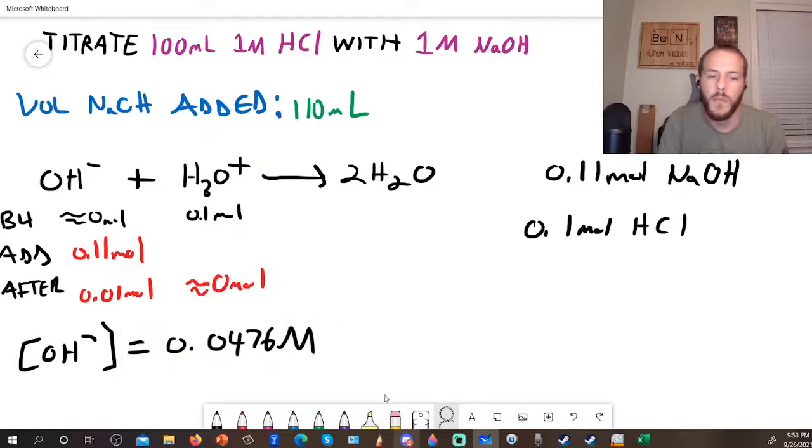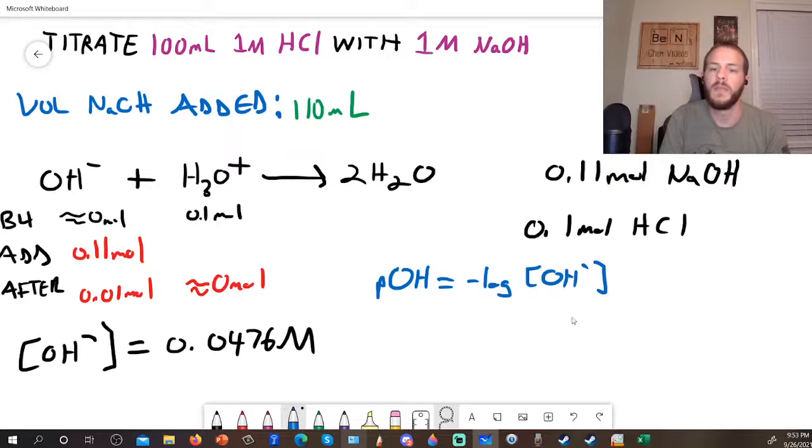Now we can't calculate pH directly from this, but we can calculate the pOH. We should know that the pOH is equal to the negative log of the hydroxide ion concentration. And the sum of pOH and pH is equal to 14, again at 25 degrees Celsius.